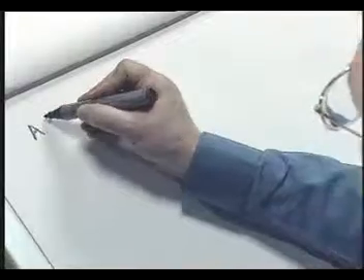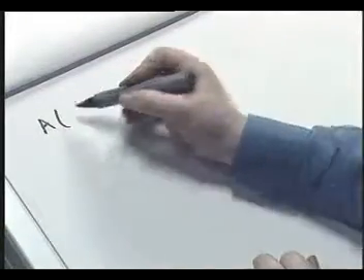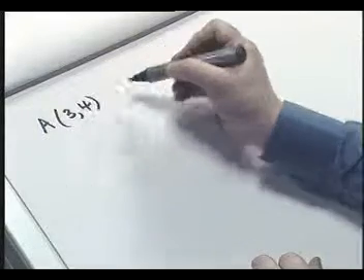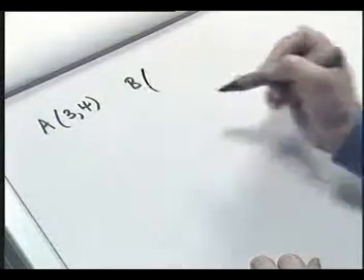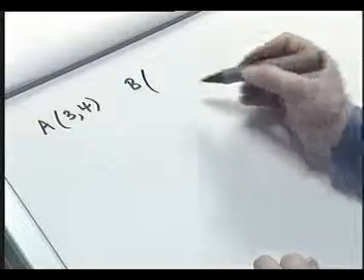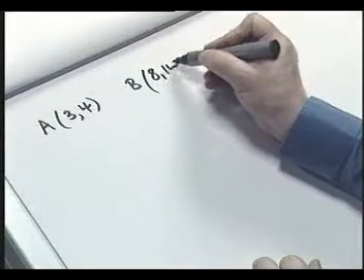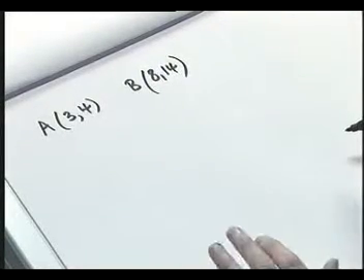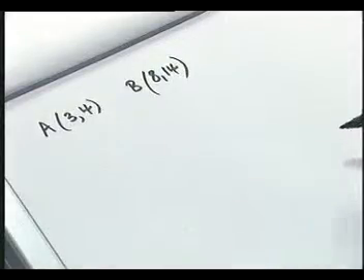Let's have a couple of examples. Let's choose a couple of points. Supposing A is the point (3, 4), and B is the point (8, 14). Let's calculate the gradient of the line joining these two points.